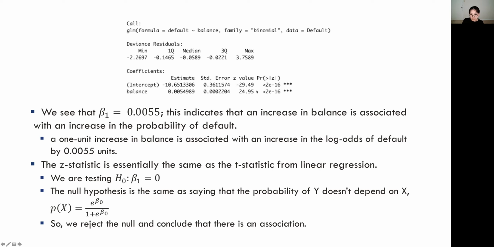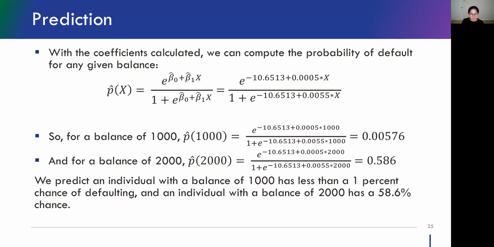By looking at this p-value, which is really small, we reject the null hypothesis and conclude that there is an association between y and x, the probability of y and x. So this is how you interpret your result from logistic regression.